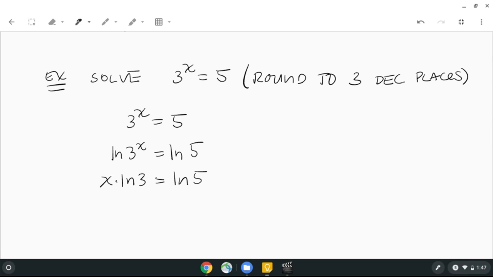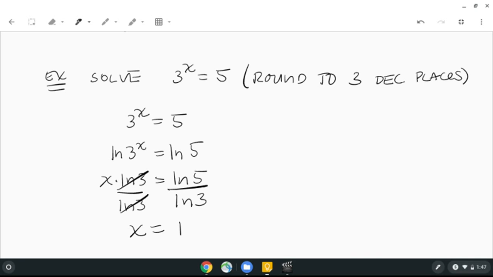So I can divide both sides by ln 3. Okay, so x equals 1.465. And we really should say approximately equal.